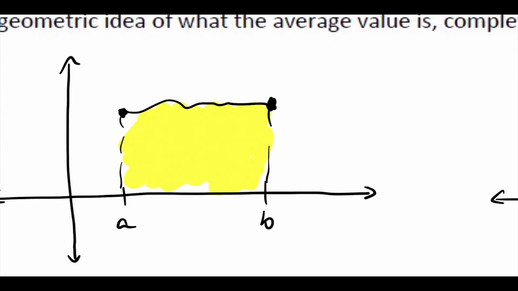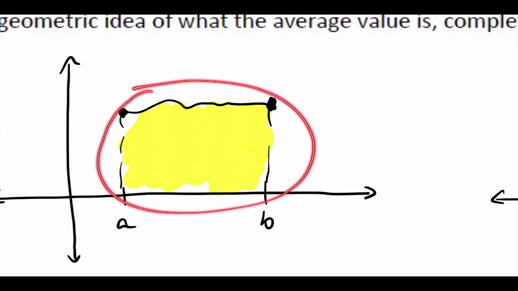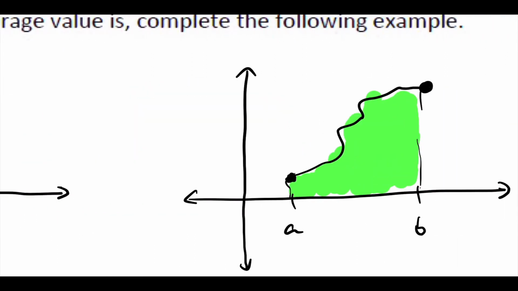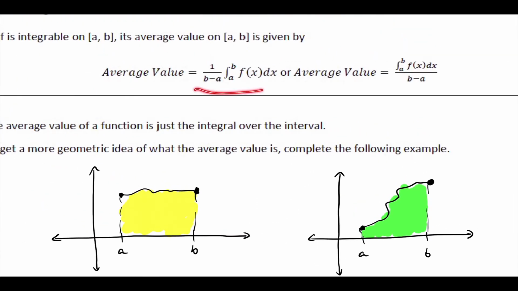So for this guy here, it's pretty easy to tell. It's going to be somewhere in the middle, because this guy, for the most part, is symmetrical. But then we have guys like this who aren't symmetrical, so it's not going to be somewhere in the middle. It's probably going to be somewhere over here. So what this formula here will tell you is where that is.